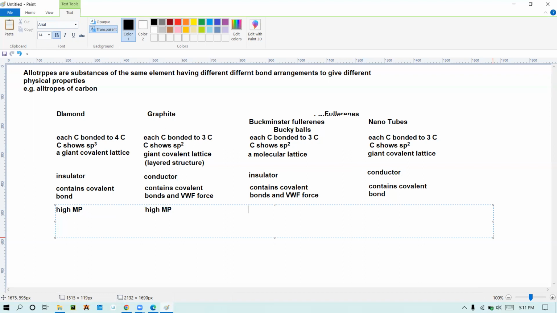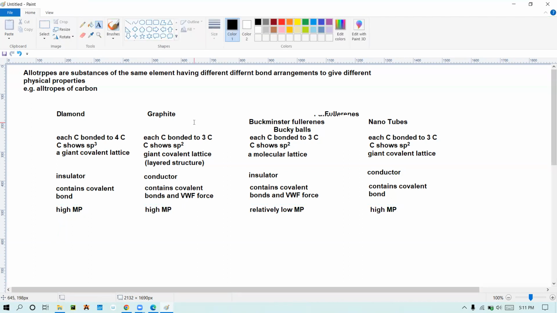But for Buckminster fullerenes, we have a relatively low melting point. And nanotubes have high melting point.